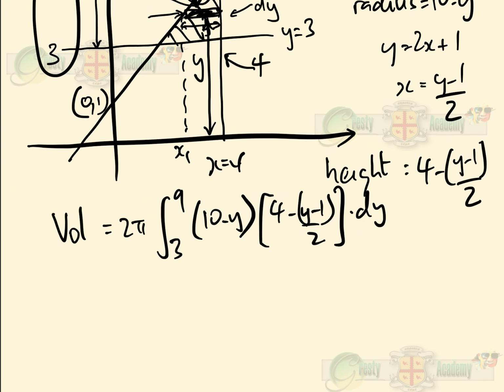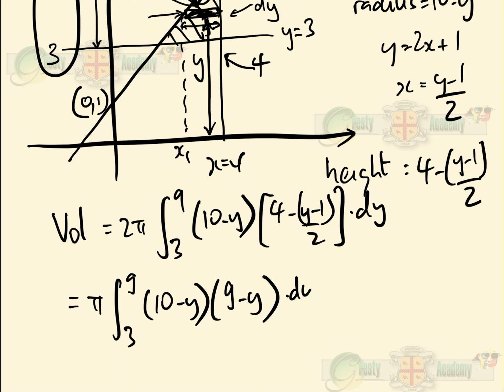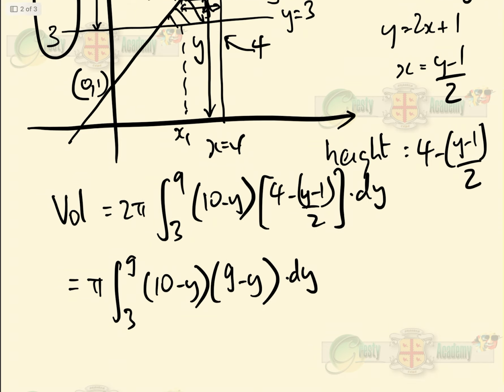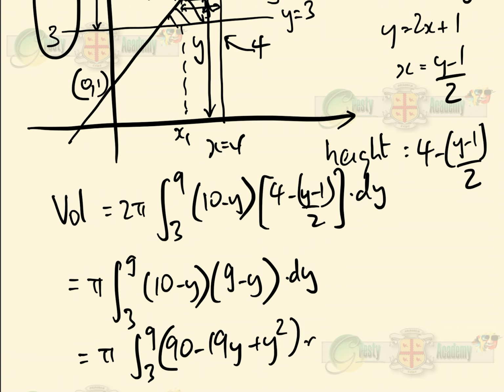We don't need to do any translations or anything. So that equals pi times the integral between 3 and 9, just tidying this up, (10 minus y)(9 minus y) dy. And that equals pi times the integral between 3 and 9 of 90 minus 19y plus y squared dy.